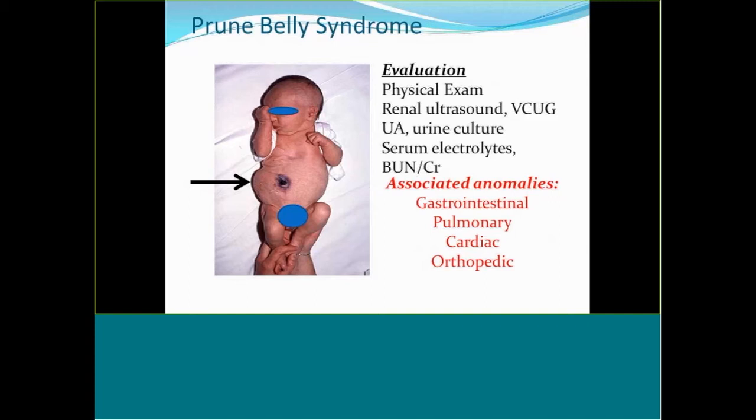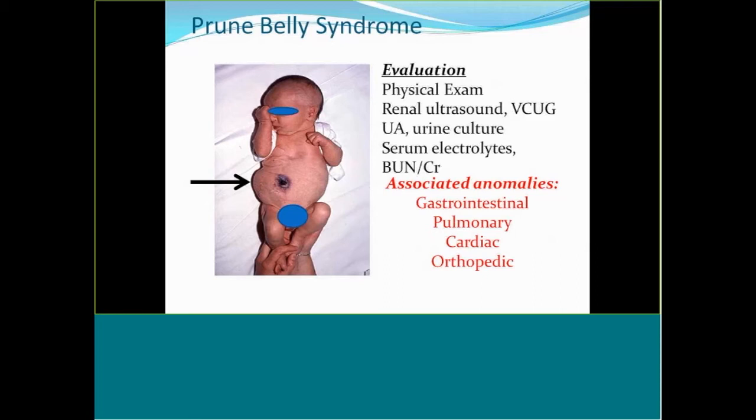What we do know is that there are a lot of associated abnormalities. GI abnormalities include things like volvulus, malrotation, and gastroschisis. There are pulmonary issues, similar to what we see in other cases where there's not a lot of urine output and you may end up with oligohydramnios; these kids can have pulmonary hypoplasia as well.